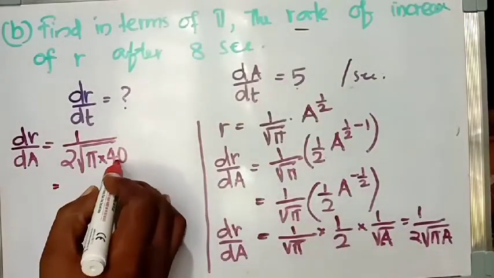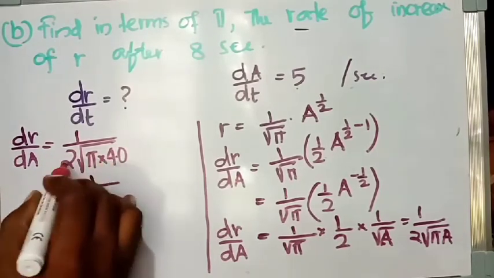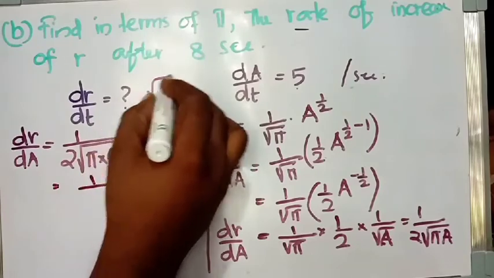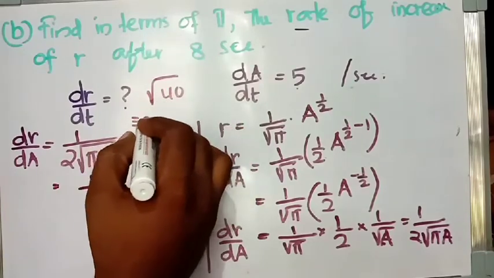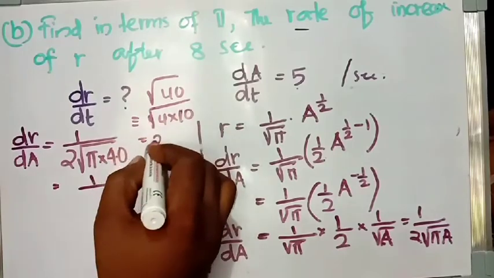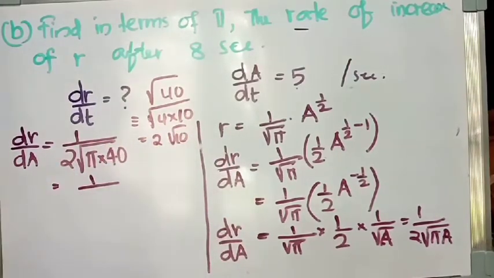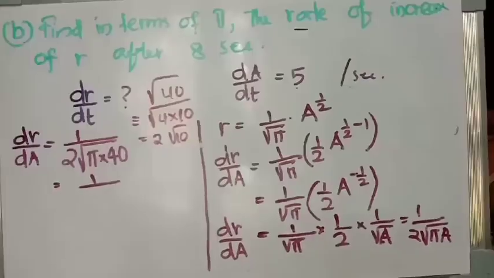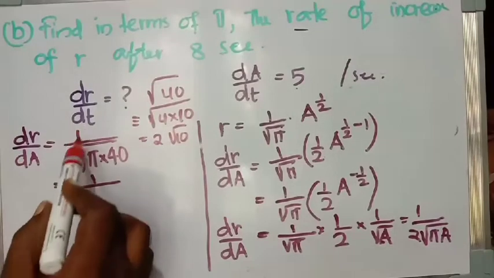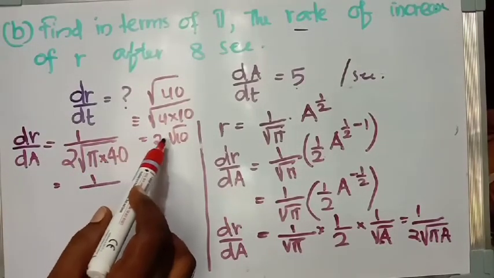Root 40 is 2 root 10. Root of 40 is root of 4 times 10. Root of 4 is 2, so 2 root 10. So dr by dA is equal to 1 by 2 root pi times root 40, but root 40 can be written as 2 root 10.